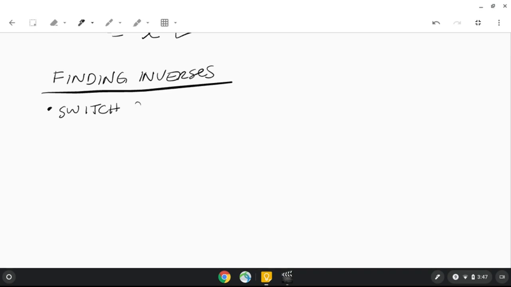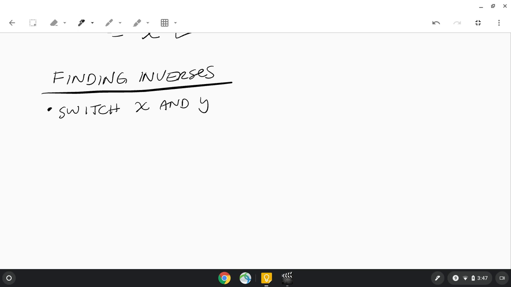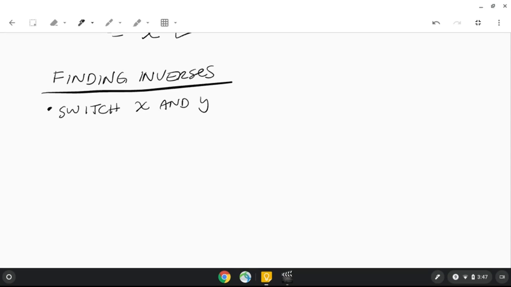And remember, the symbol f of x, that's your y. Then what you end up doing is solving for y. And the result turns out to be your inverse function.